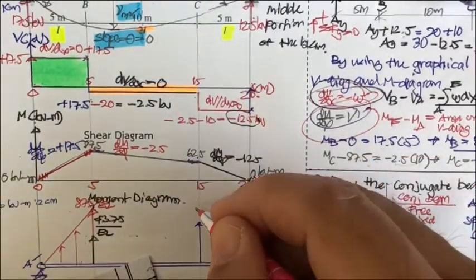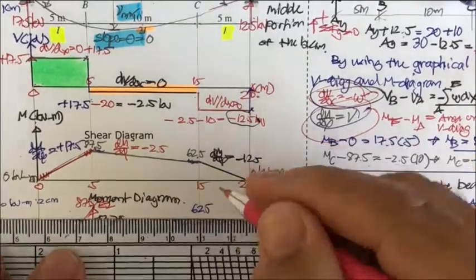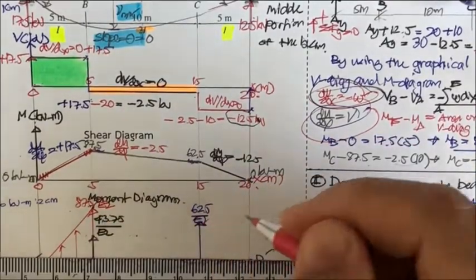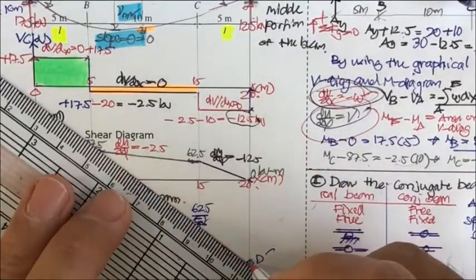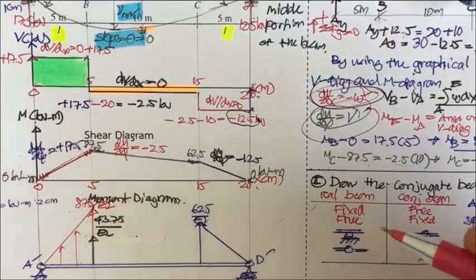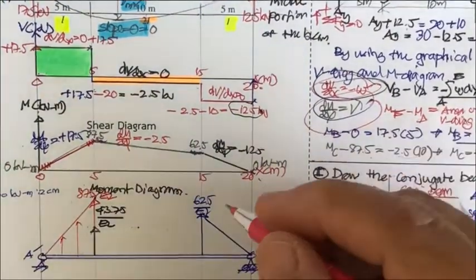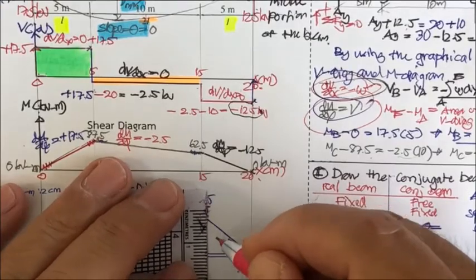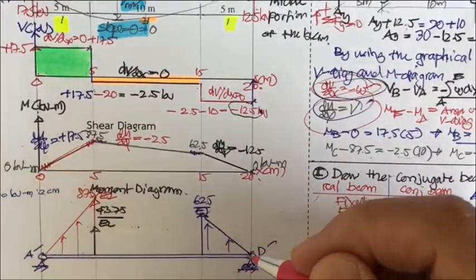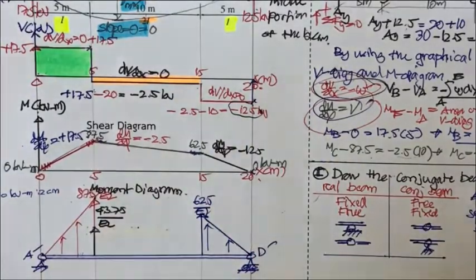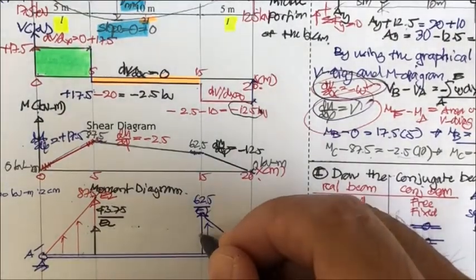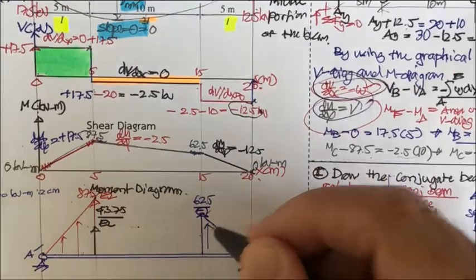This is going to be 62.5 divided by EI, and we have this portion of the beam having this elastic weight. Elastic weight always points, as we know, M over EI is in the opposite direction of the W. And next, what is here? 62.5 divided by 2 is 31.25.